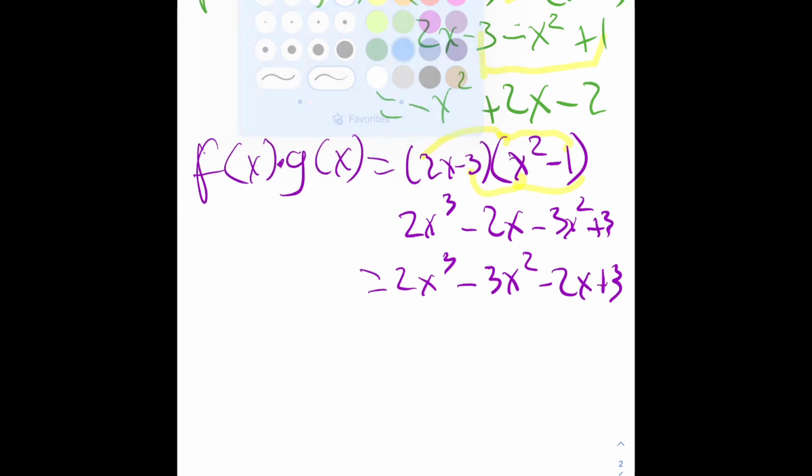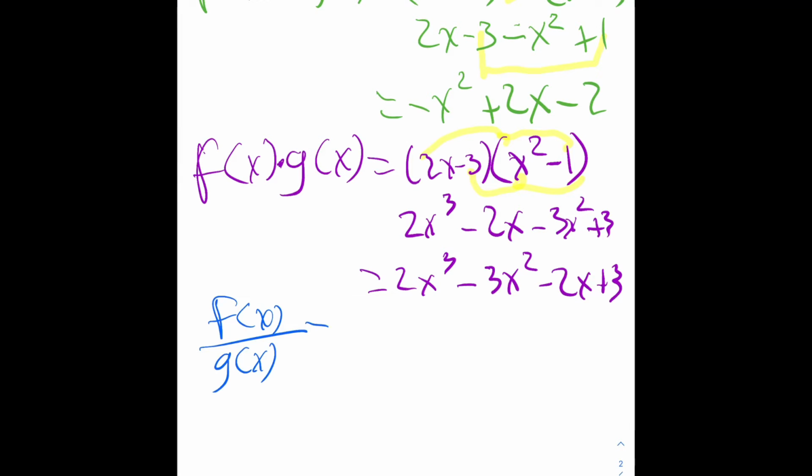And that's my answer. And last but definitely not least, we can take f of x and divide it by g of x. So I say 2x minus 3 all over x squared minus 1. I really can't do much with that because I can't cancel out anything.